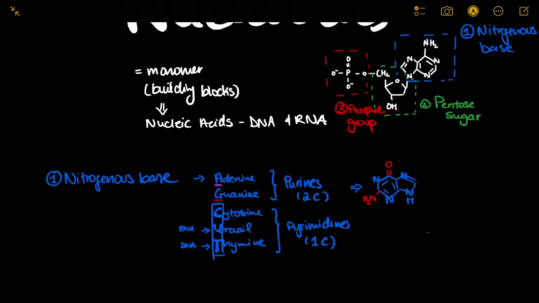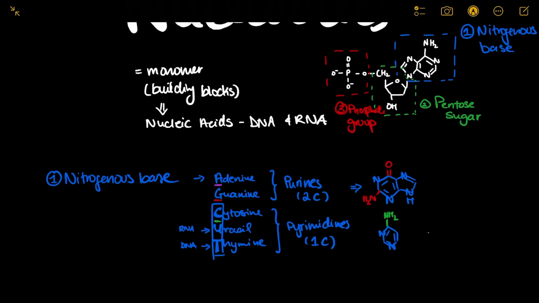And for the pyrimidines, it's similar. They also have the basic structure, but only with one ring, only with the 6-carbon ring. So the basic structure looks like this. And then for each of these, they'll have different additions again. Start with cytosine. Cytosine has, like the adenine, an amine group up here.